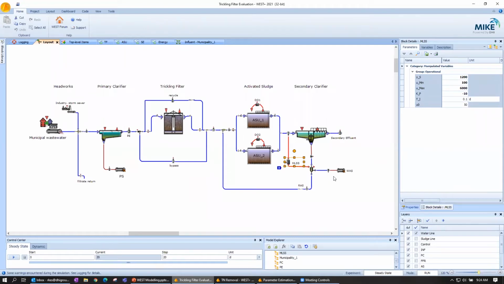And that's the easy part, right? Pretty much anyone who's a wastewater engineer or operator knows that higher SRT is good for growing nitrifiers.